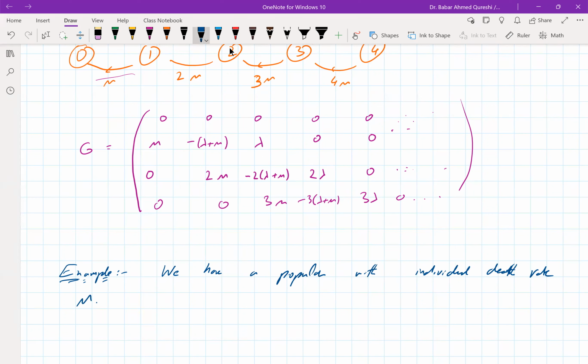So at any time, any person can die with a death rate of mu. So it's a Poisson process. There's an exponential distribution, and anyone can die with an exponential parameter equal to mu.